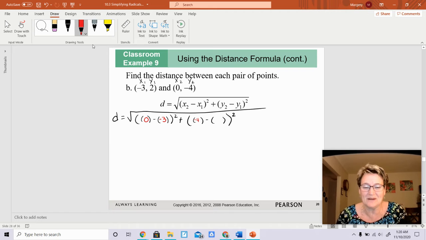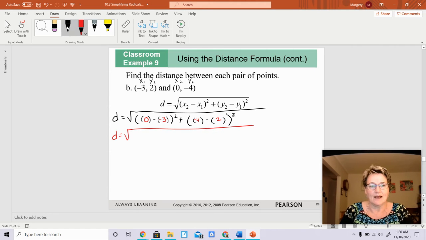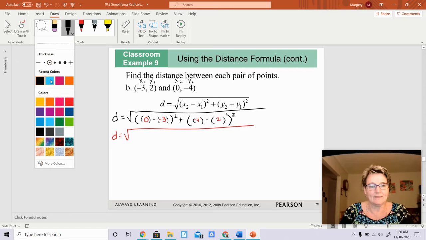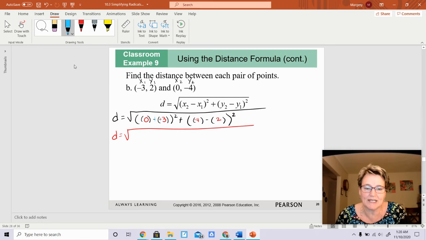My y1 is 2. So now we get d equals the square root. Now, I'm going to change colors real quickly. A negative times a negative is a positive, so I'm going to change those right now. 0 plus 3 is 3, and then you're going to square it.